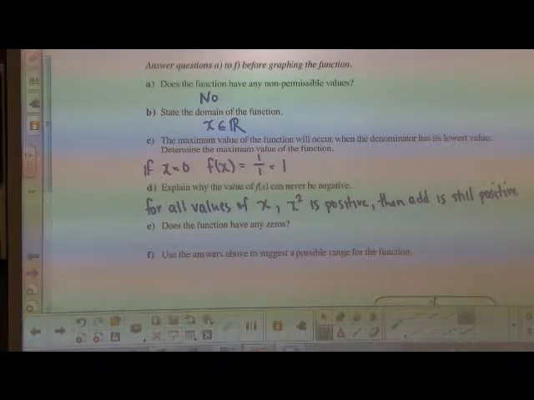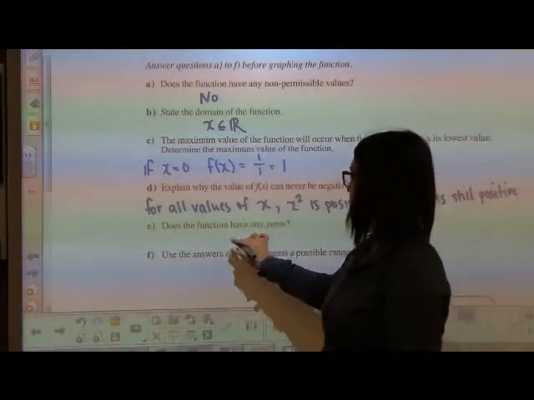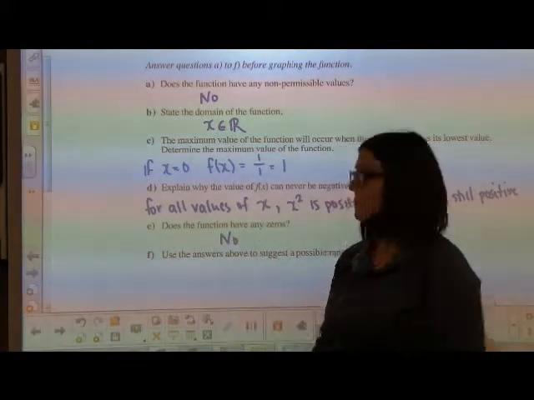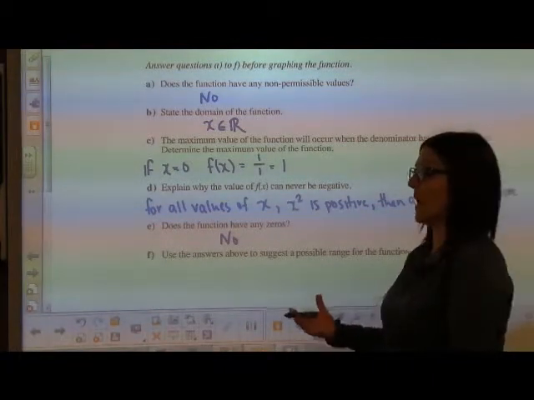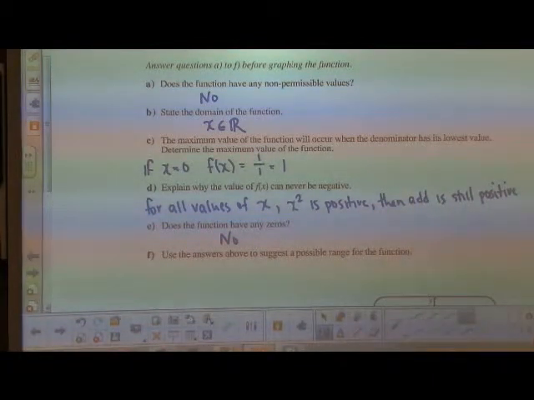Does the function have any zeros? No. There's never a zero, because a zero would imply that when x equals a value, I get 0 for an answer, and that does not happen.